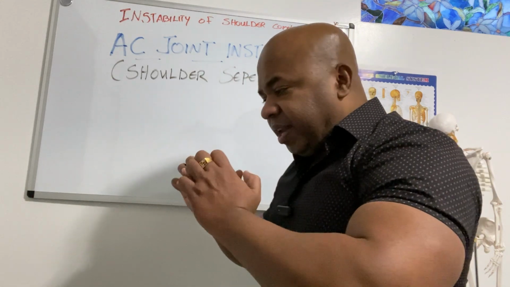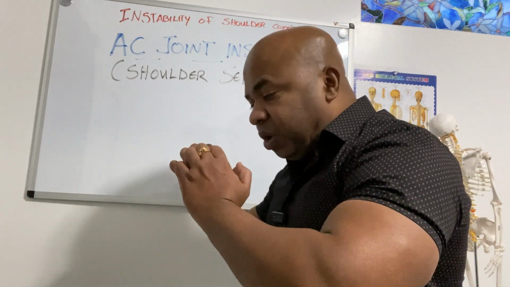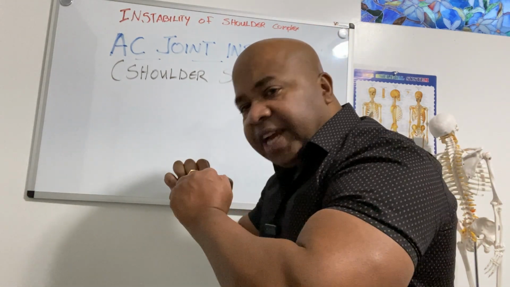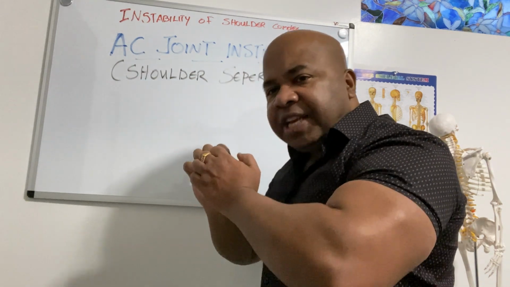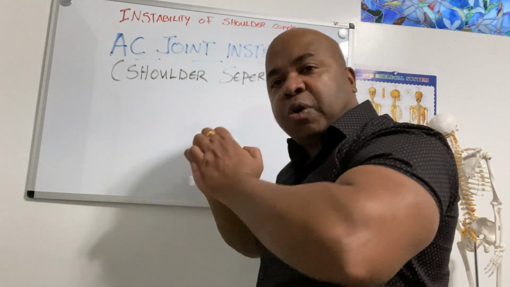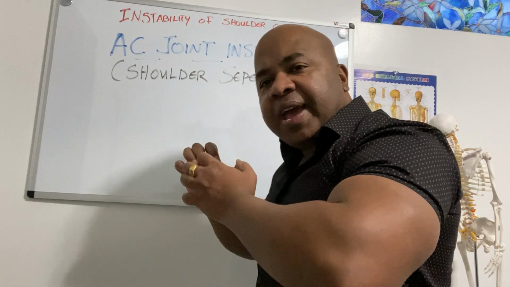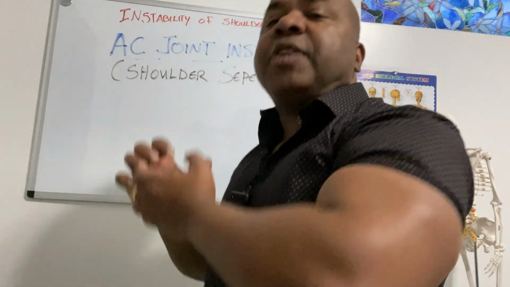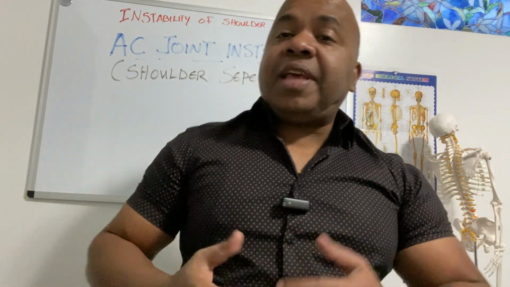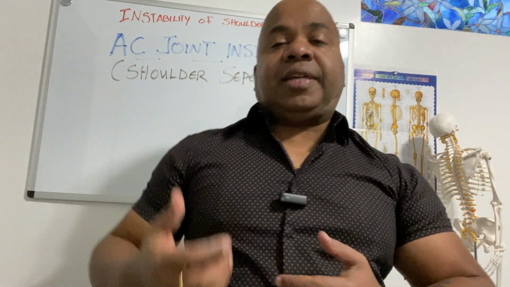Then the therapist gives a simultaneous compression on the anterior as well as the posterior aspect of the acromioclavicular joint. The patient complains of pain. That is called the acromioclavicular compression test.